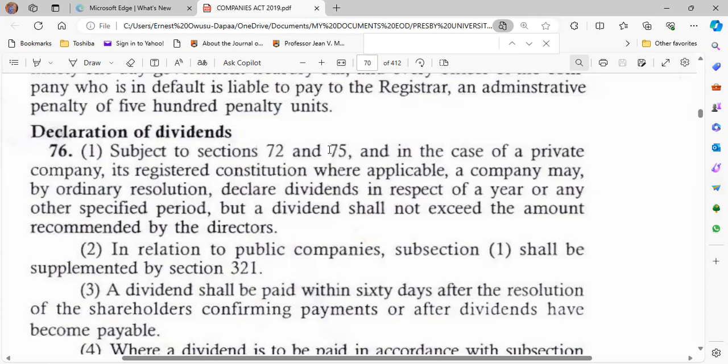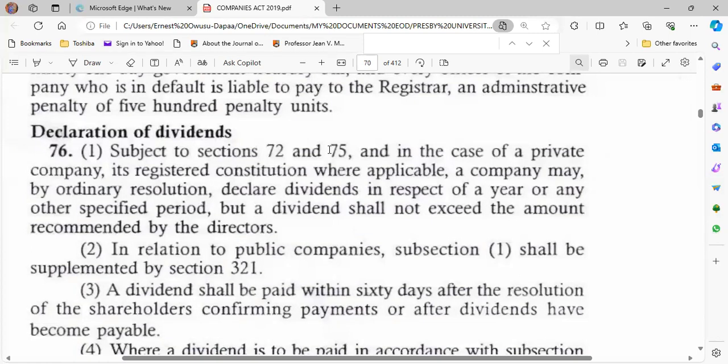And let's keep this in mind. Directors of the company never resolve to pay dividends. The directors know the true financial health of the company. And on that basis, they will make a recommendation to the company, aware of the legal requirement that the company should meet the distribution tests, the company must have the ability to pay debts and liabilities, and the amount it is going to pay out as dividend should be less than its retained earnings.